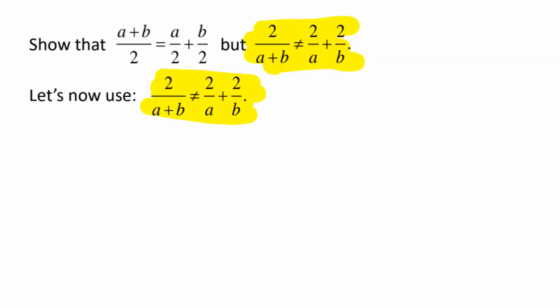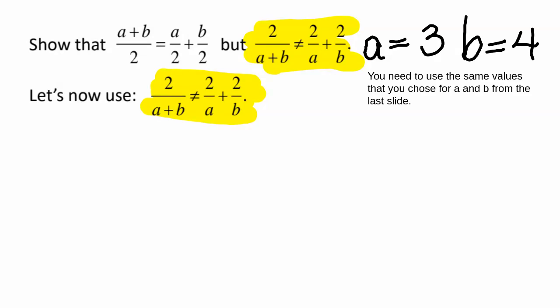Notice, I've got to use the same value for A, which was 3, and the same value for B. You need to use the same values that you chose for A and B from the last slide. Well, now we're going to substitute them. Now, notice what you get.